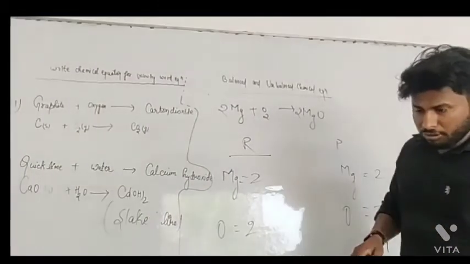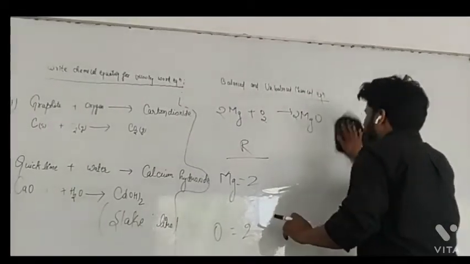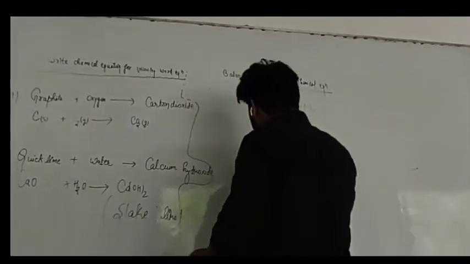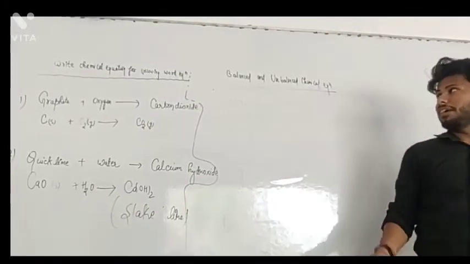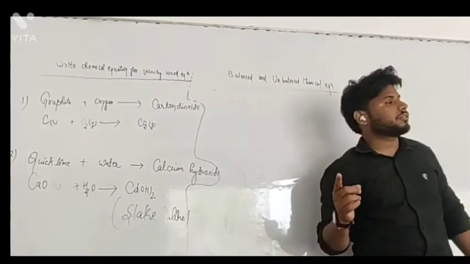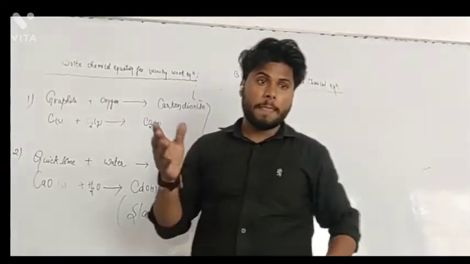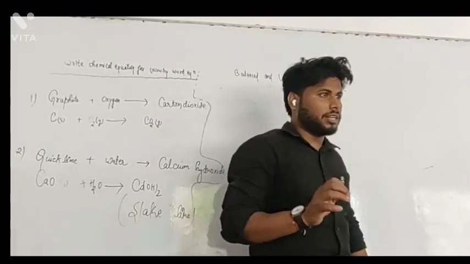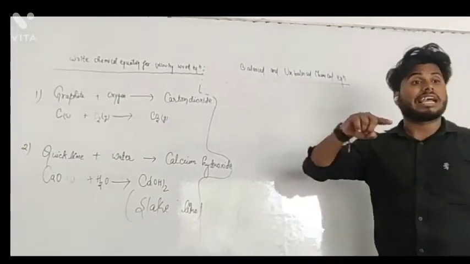Now let us talk about the unbalanced chemical equation. When the number of atoms on the reactant side is not equal to the number of atoms on the product side, the given equation is known as an unbalanced chemical equation, which is also known as a skeletal equation.